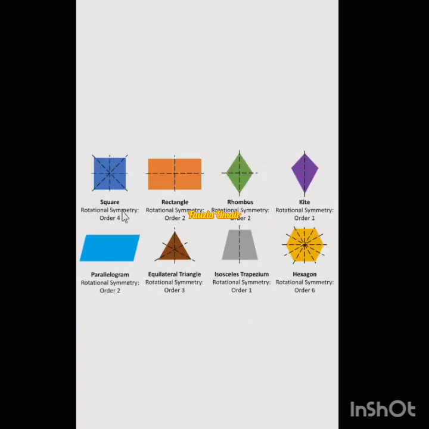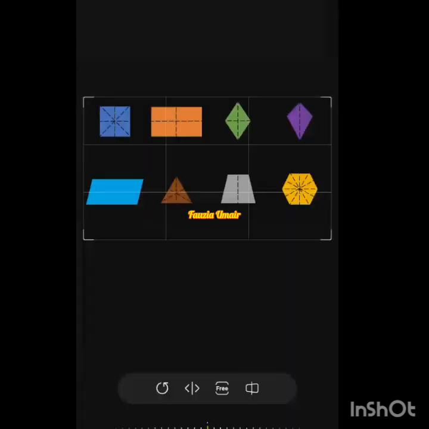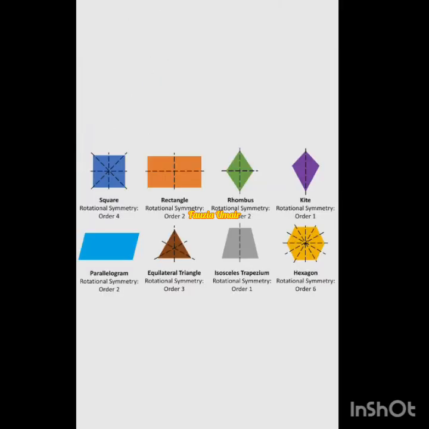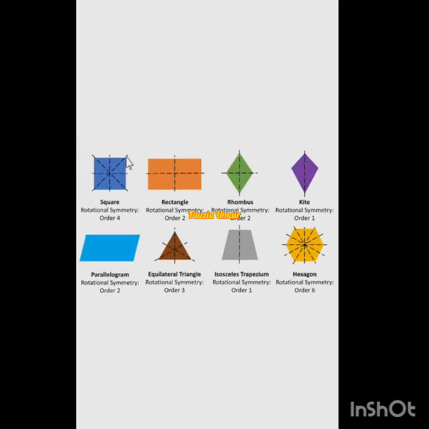So, ma'am, if we rotate a square one time and we get the exact same shape, we can mark a point from where we start. Let's say this is the point where we are starting. So when this point goes here, it will be one rotational symmetry. Then it will go here, two, then three, and then when it comes back, four.